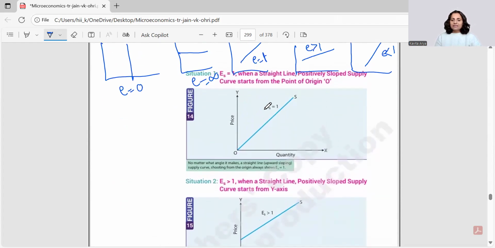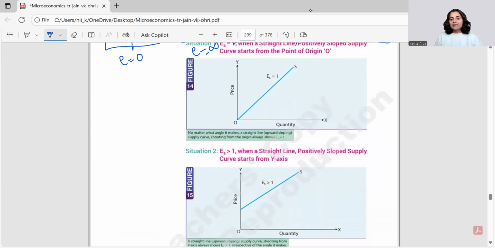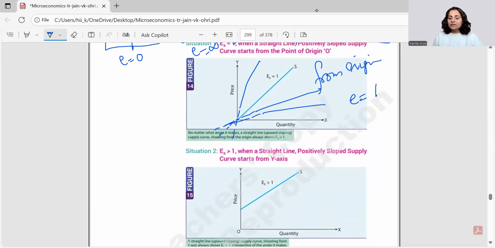So when we talk about elasticity, the first diagram is saying elasticity equal to 1. There is a very important point you must note: whenever on extension, the supply curve moves from the origin at any angle, if at all it passes from the origin, the elasticity is said to be equal to 1, and this concept is most often used in numericals.